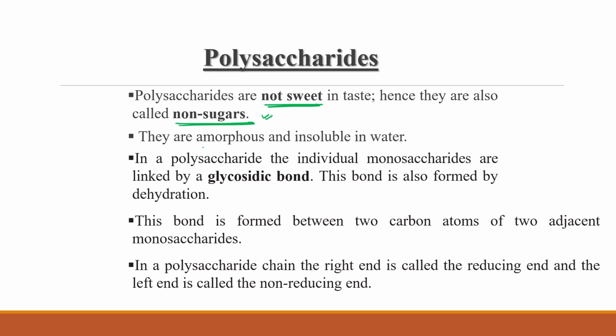right? They are amorphous in nature and insoluble in water, right? In polysaccharides, the individual monosaccharides are linked together by a glycosidic bond. This bond is formed by dehydration. If this is one type of monosaccharide and another type of monosaccharide, after dehydration, the bond formed between these two is known as a glycosidic bond.